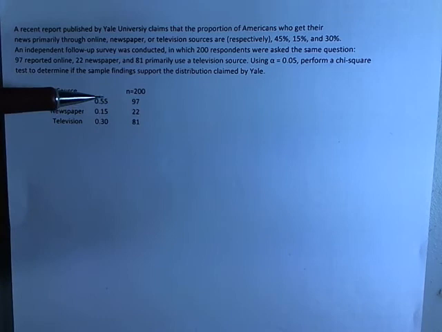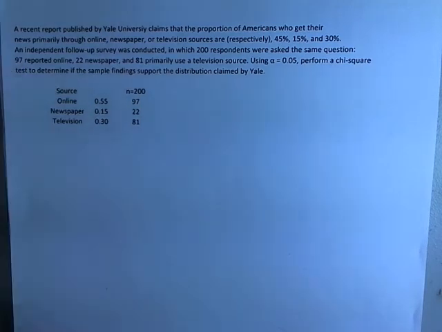What we're going to do now is figure out how close this sample did come to these proportions, and if it is fairly close, then the test will tell us that it statistically equals. Otherwise, it'll say that there's evidence that it does not equal.